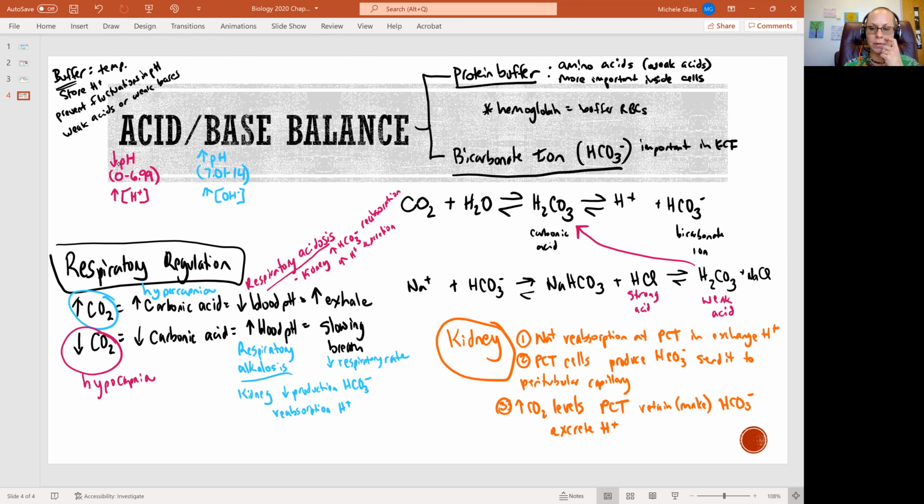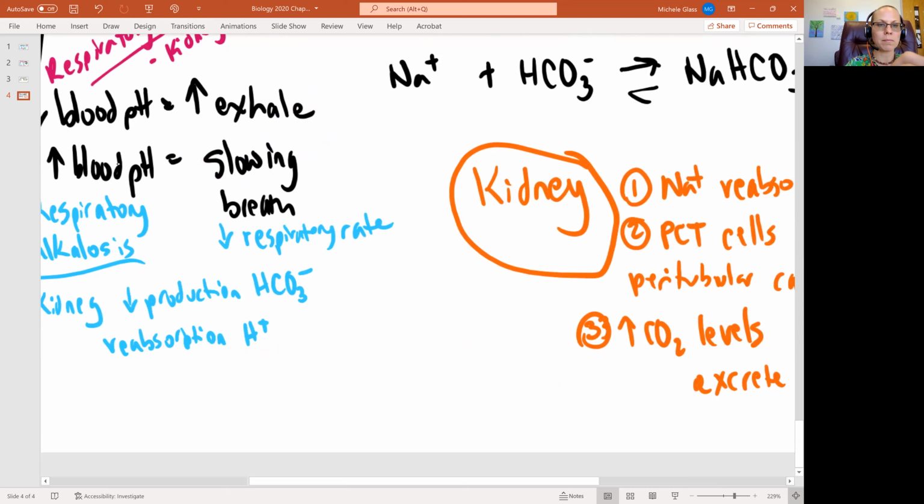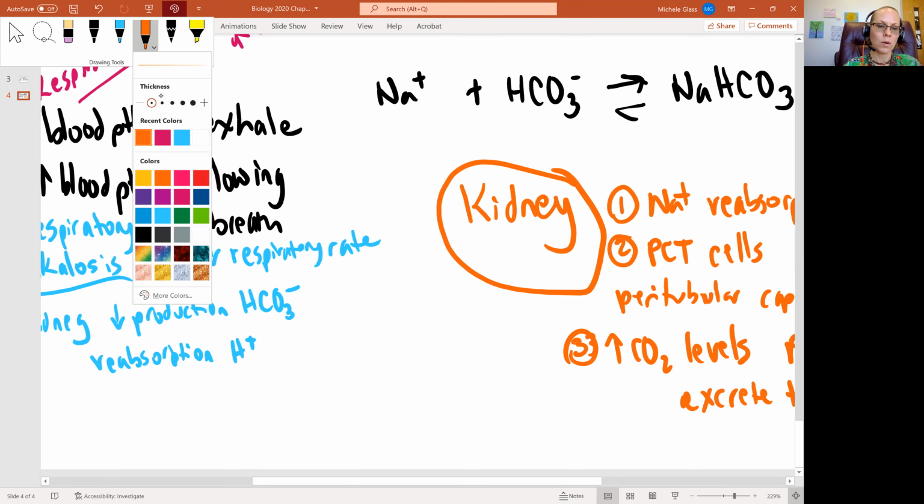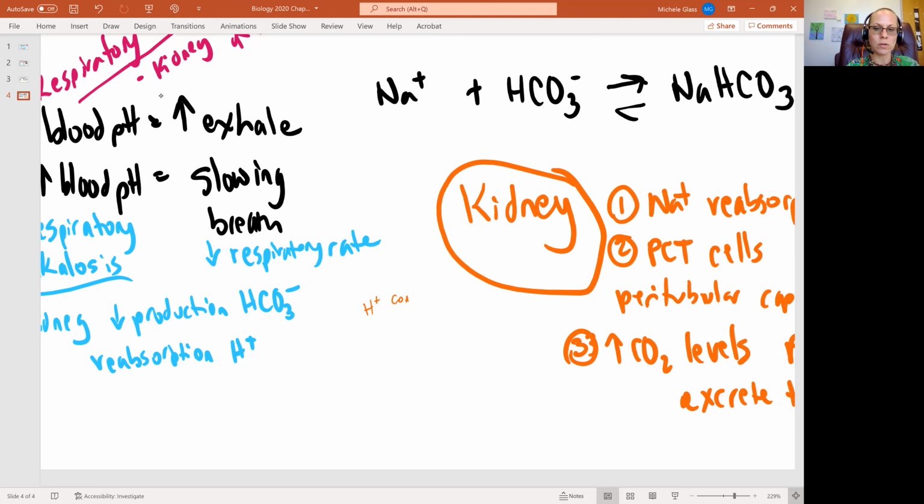The other piece of information to pay attention to at the kidney is something that we already mentioned. When we talk about the kidney, remember, the hydrogen ion is going to compete with potassium ion to exchange with sodium ion.